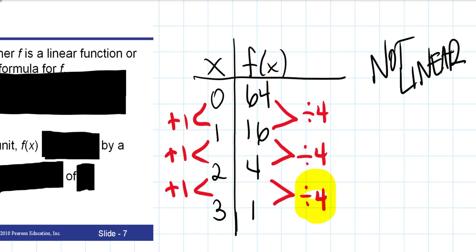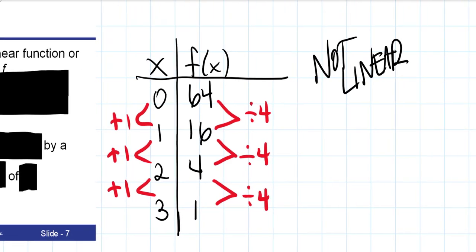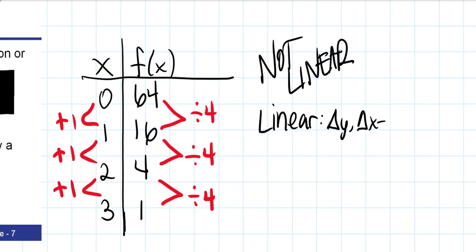And 4 divided by 4 is 1. So because it's dividing by the same amount each time, that means this is an exponential. So for linear, when you find the change in y over the change in x, that should be an equal fraction each time. The slope that we talked about before.